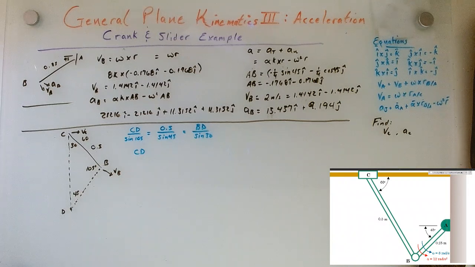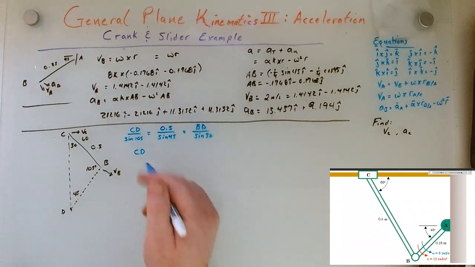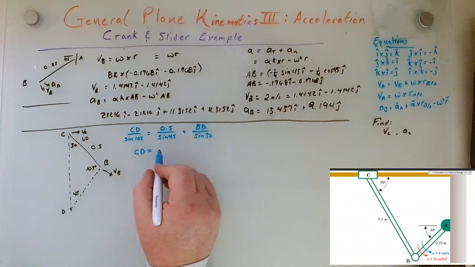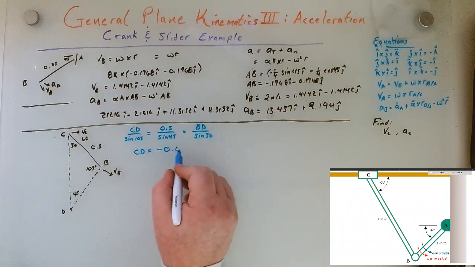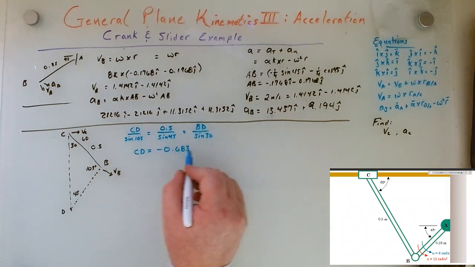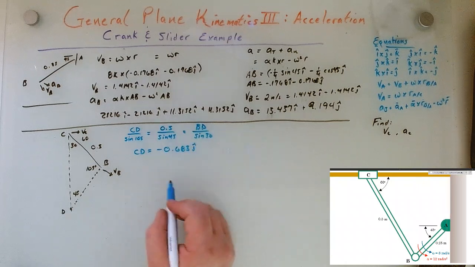Hold on. That looks better. So that is 0.683. So this is equal to minus 0.683 in the j direction.